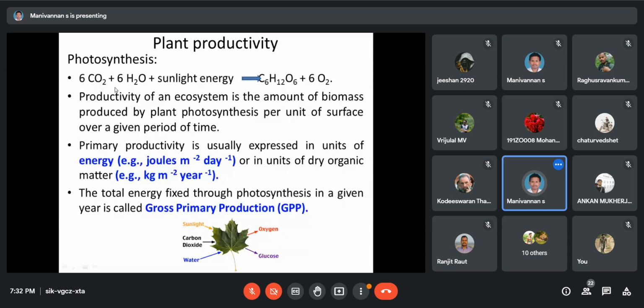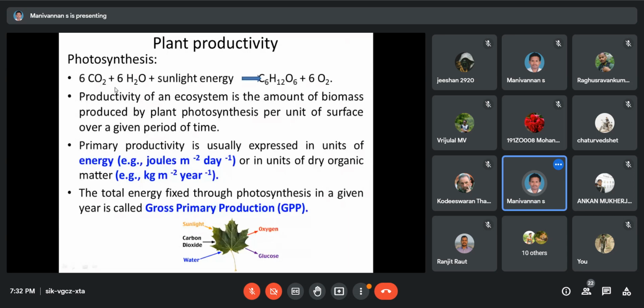Primary production is usually expressed in the unit joules per meter square per day. The photosynthetic energy is measured in joules per meter square per day, and the dry organic matter is measured in kilograms per meter square per year. This is the unit of energy calculation.